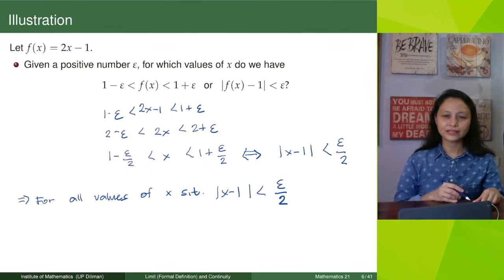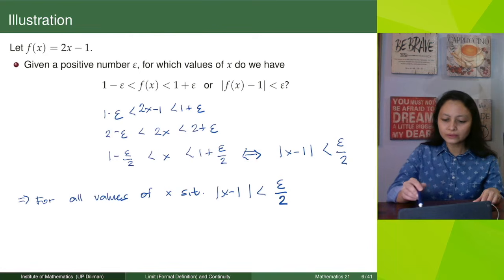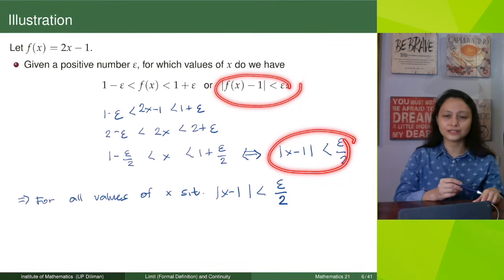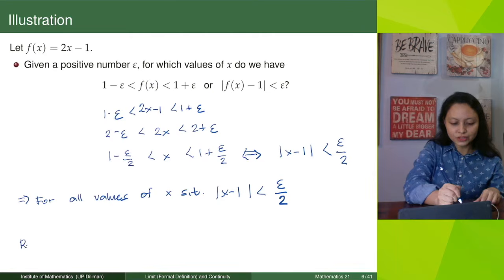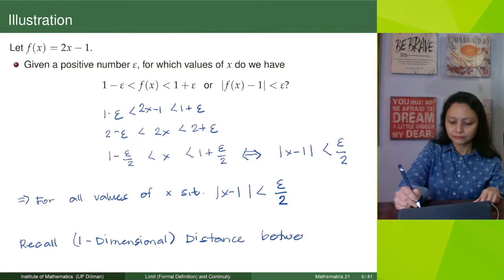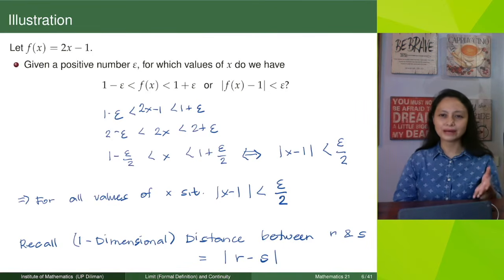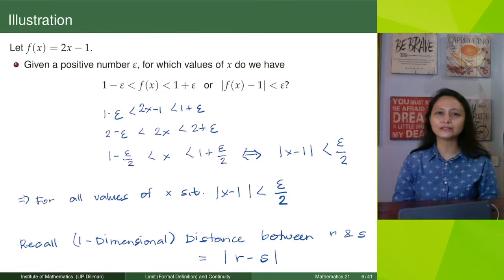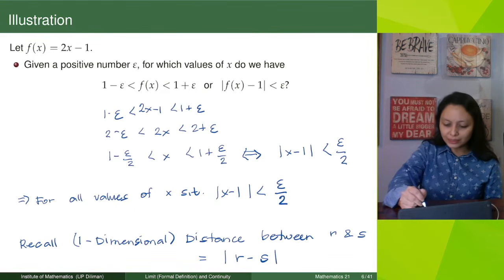So why do we need to use the absolute value function here? Recall that in the one-dimensional system, when you talk of the distance between 2 points, say R and S, the distance is just equal to the absolute value of R minus S. It can be the absolute value of R minus S or the absolute value of S minus R. They should be equal.